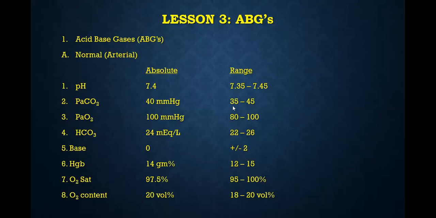These are the ranges right here, and this will be the absolute or perfect number. And I'm about to show you on the board what constitutes acidosis, what constitutes alkalosis, and whether it's a respiratory issue or a metabolic issue.